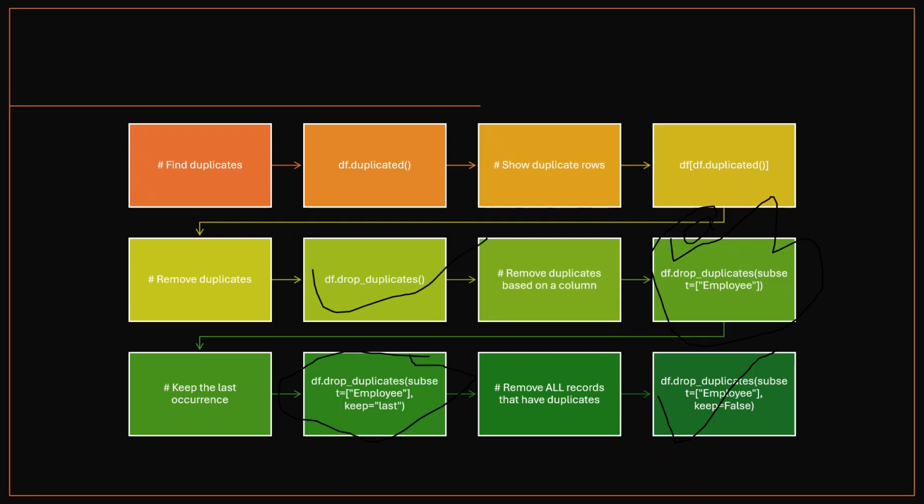It will keep the last occurrence. And to remove all records that have duplicates, we can use the drop function df.drop_duplicates on employee, if you want to remove based on the column.